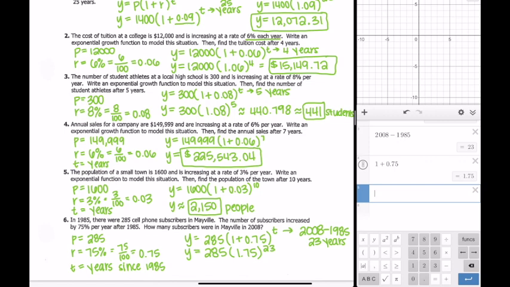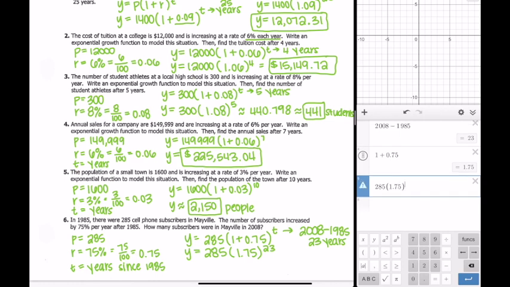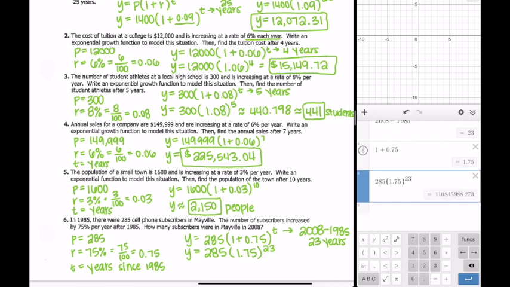All right, so we're going to plug that all into Desmos. 285 times 1.75 raised to the power 23. Wow. So our number of people who subscribed to a cell phone plan jumped from 285 all the way up to 110,845,988 people.